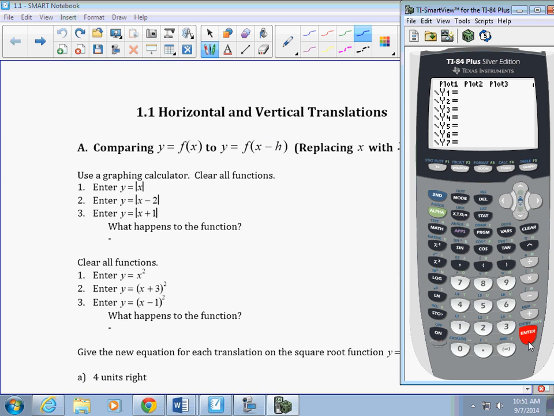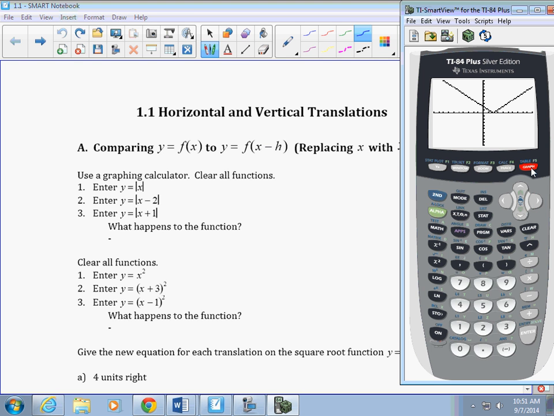So I want absolute value, and now I just need the x. If I hit graph, I get a graph that looks like that. So let's go back into y equals, and let's put in x minus 2. And you have to use minus, not negative, because there's a difference between an operation and a sign. So x minus 2, if I graph that, what's happened?